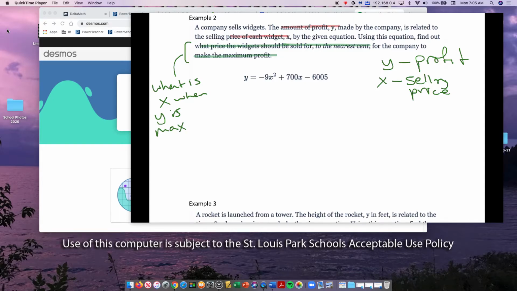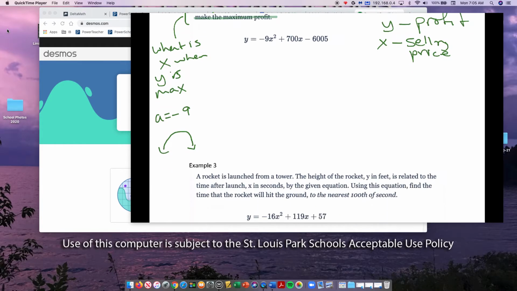Well, we know that if we draw this parabola, since a is equal to negative 9, this parabola is going to have to open down like this.